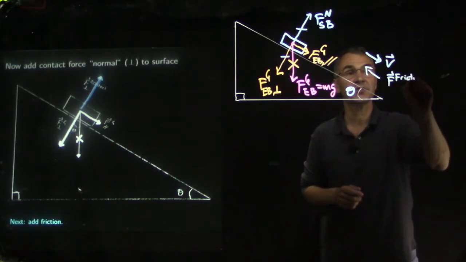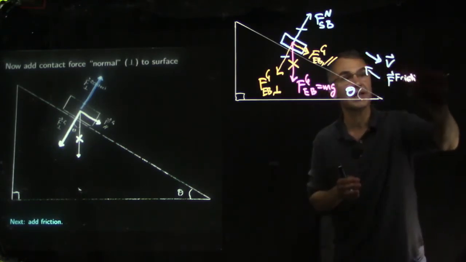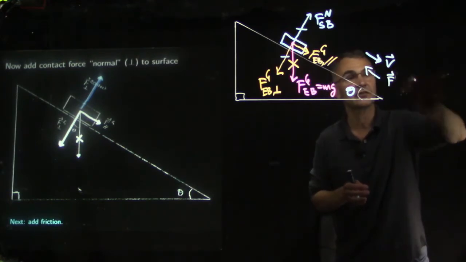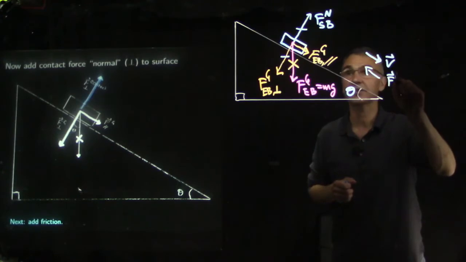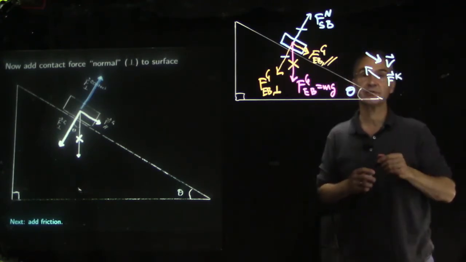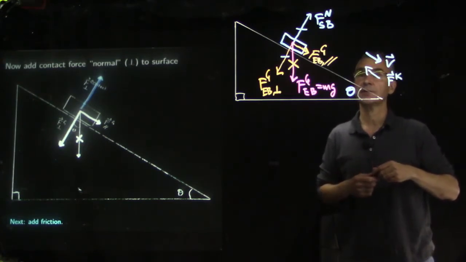And we know that it's sliding, so it must be kinetic friction. It's not static friction because the block is sliding down the hill, so there is some motion to oppose. So it's kinetic friction, and it's going to point uphill, so we know what direction it points.